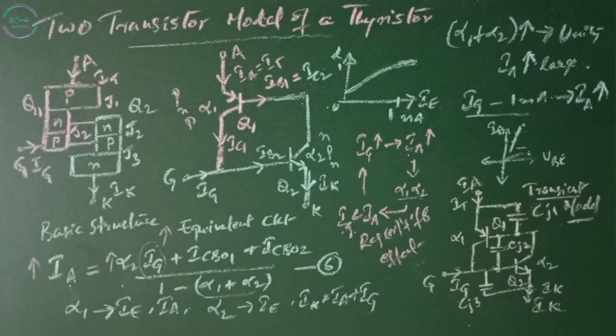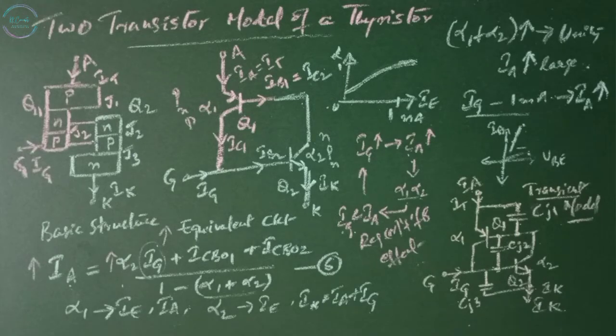Under transient conditions, the capacitances of the PN junctions will influence the characteristics of the thyristor. And the transient model is like this. If the thyristor is in blocking state, a rapidly rising voltage applied across the device would cause high current flow through the junction capacitors.